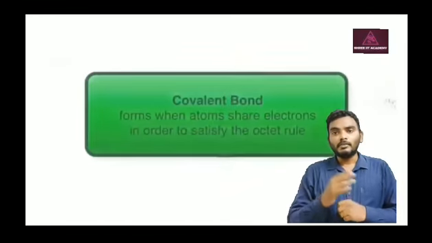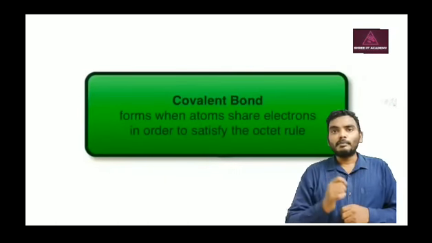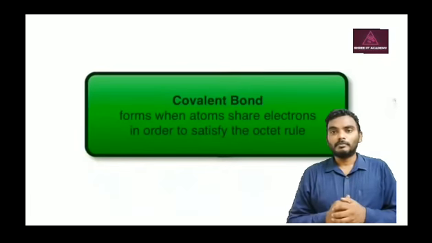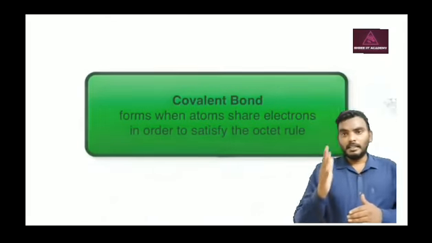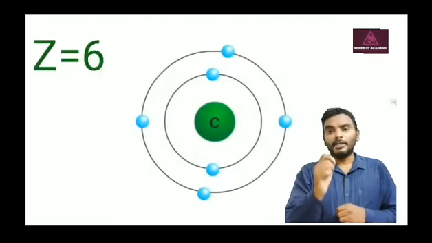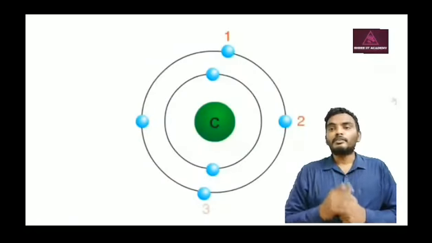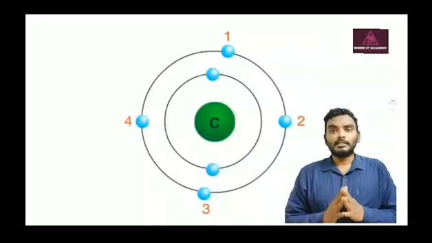Now I am discussing the covalent bond. A covalent bond is formed when atoms share electrons in order to satisfy the octet rule. If you see the carbon atom, atomic number 6, it contains 4 electrons in its outermost shell.